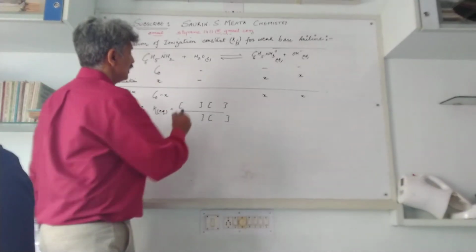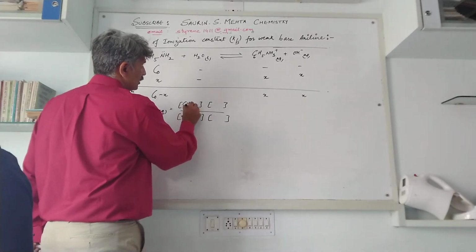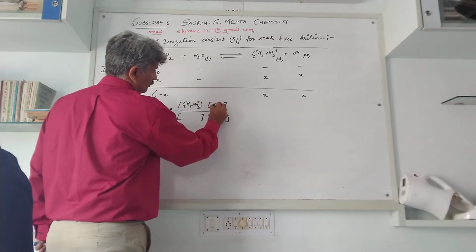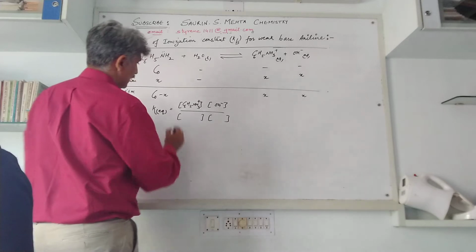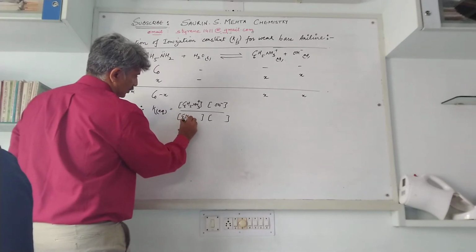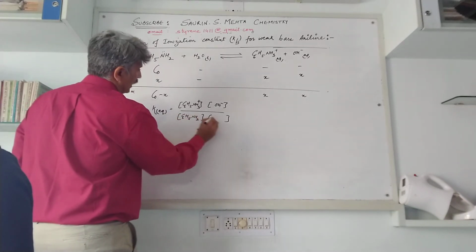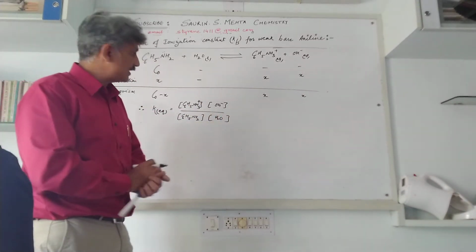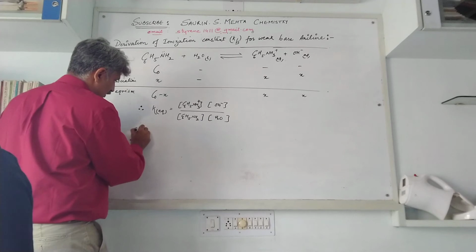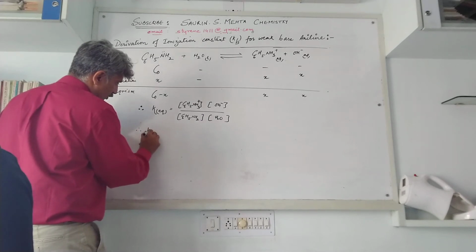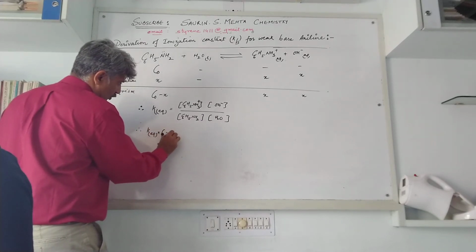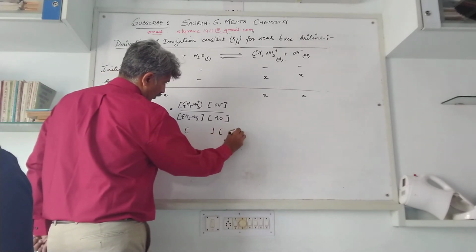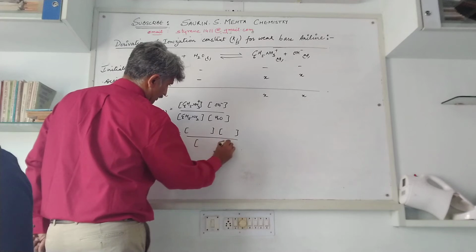Products are C6H5NH3 plus and OH minus. Reactants are aniline, that is C6H5NH2, and H2O. Out of all this, water is in excess, so we take it along with the constant, that is Keq into the concentration of H2O, equal to the concentration of products to that of reactants.